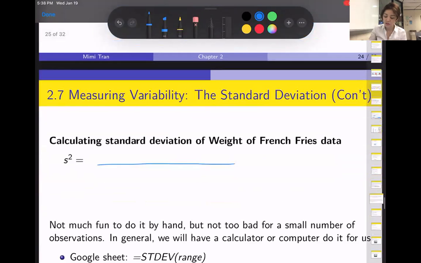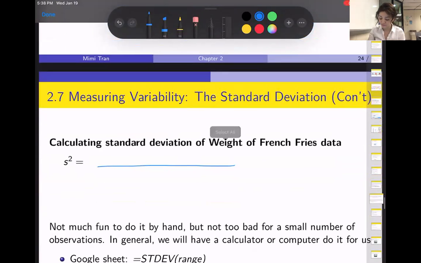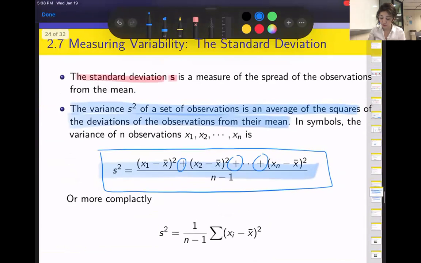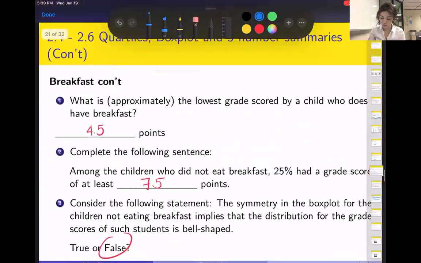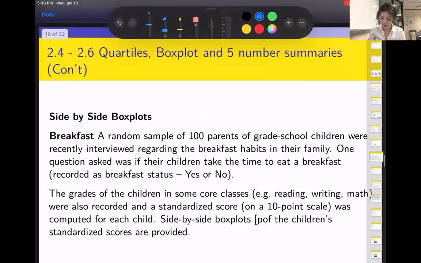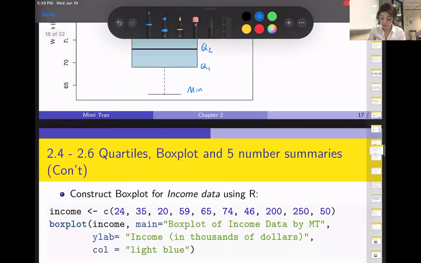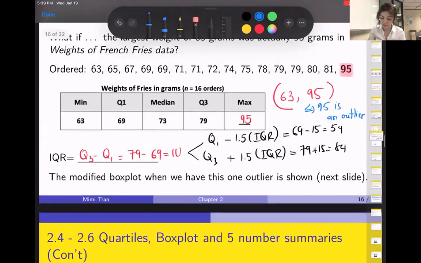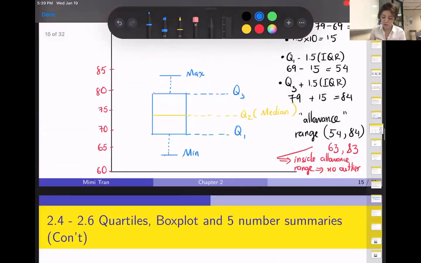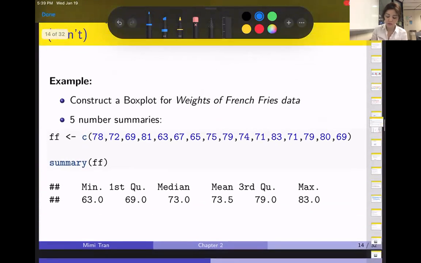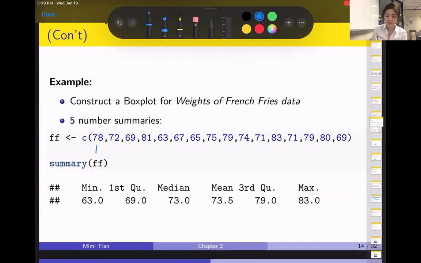So in the French fry data, let me find it. I think I have it here. Right, the French fry data. The first observation is 78.